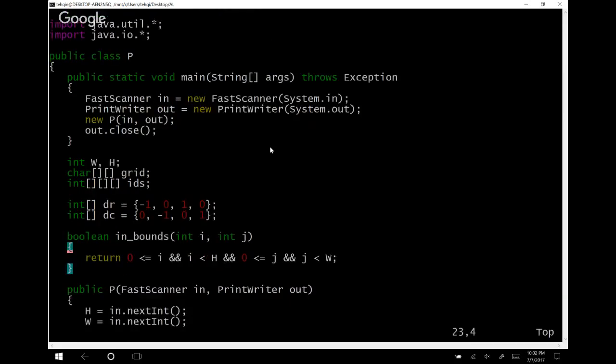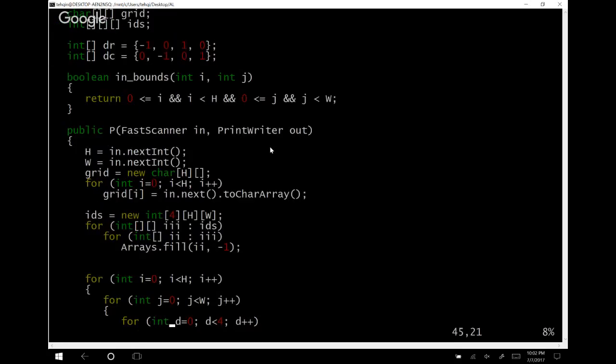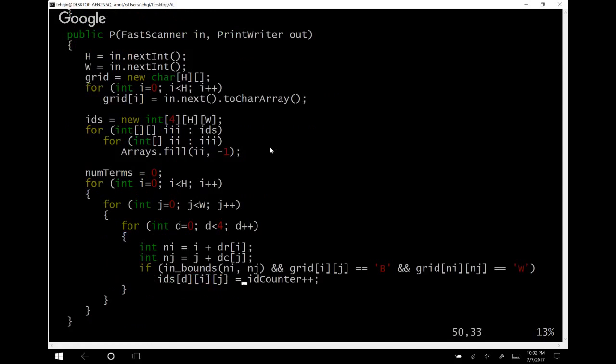So I'm just going to call that num terms. I think that's probably a good way of doing it. I'm just going to keep track of my number of variables, because remember, I have a variable for every single direction. So initially it's 0, and then I'll just keep track of that.